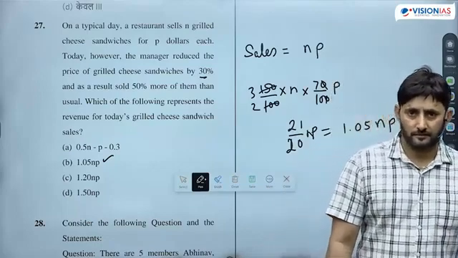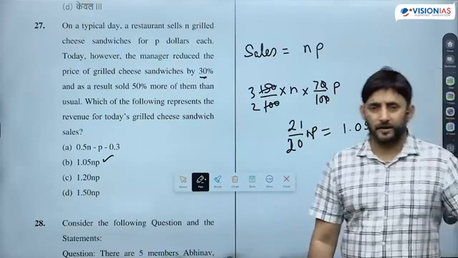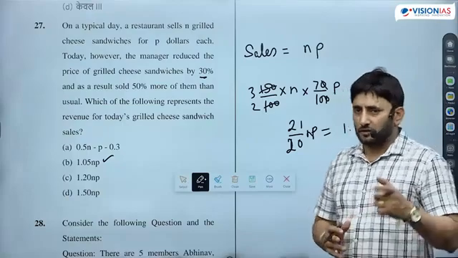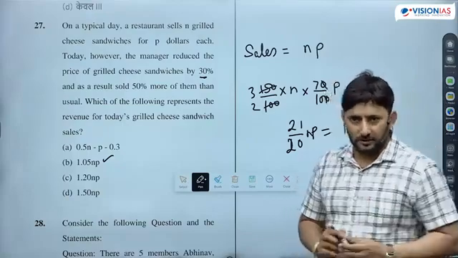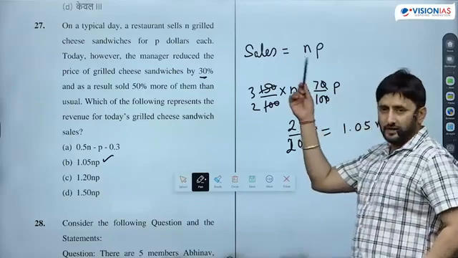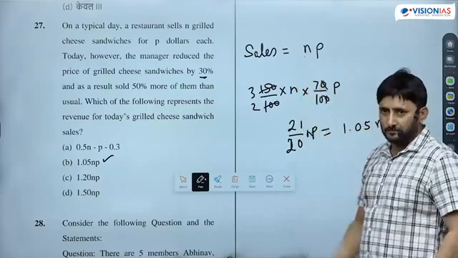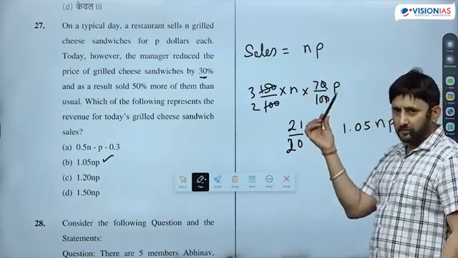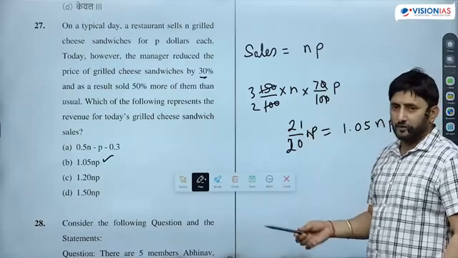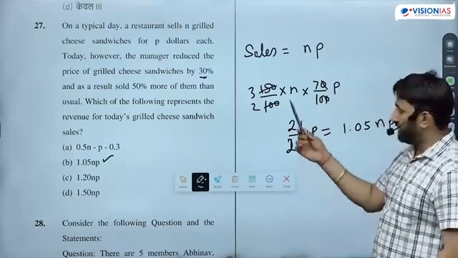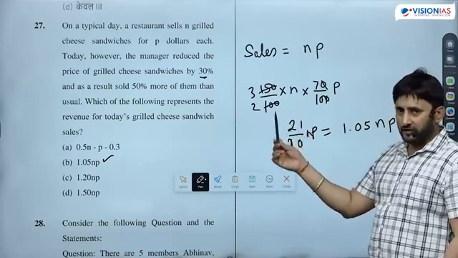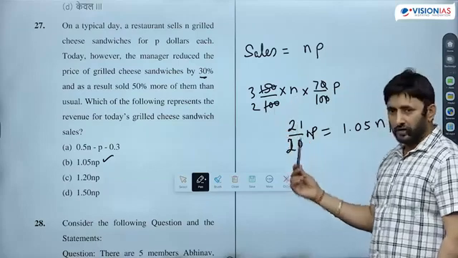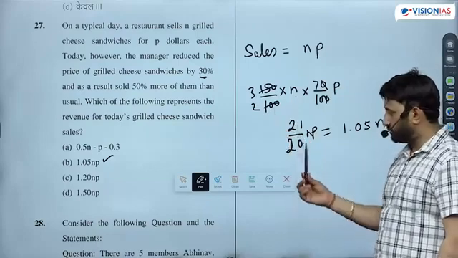Confusion है बच्चे? हाँ जी, प्लीज रिप्लाई. रिपीट करें. टोटल बिल कैसे निकालते हो? टोटल सेल्स, दैट इज द नंबर ऑफ आइटम्स इनटू द प्राइस ऑफ द आइटम. लेट द नंबर ऑफ आइटम्स वाज n एंड प्राइस वाज p, तो टोटल सेल्स वर n इंटू p. अब प्राइस क्या हो गया? 30% रिड्यूस, प्राइस इज 70% ऑफ p and number of sales increases by 50%. 50%, that is 150% of n. तो इसे सोल्व करेंगे तो 21 upon 20 p, 21 upon 20 into np.